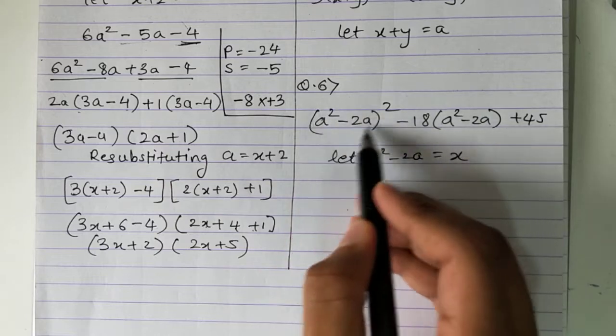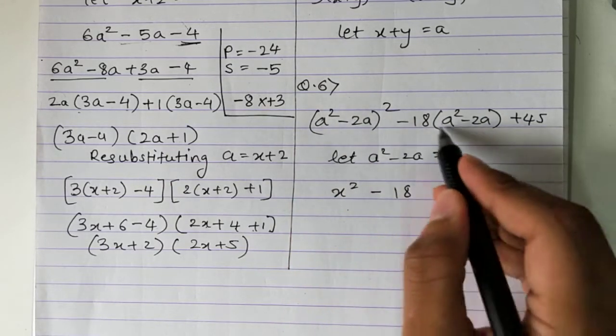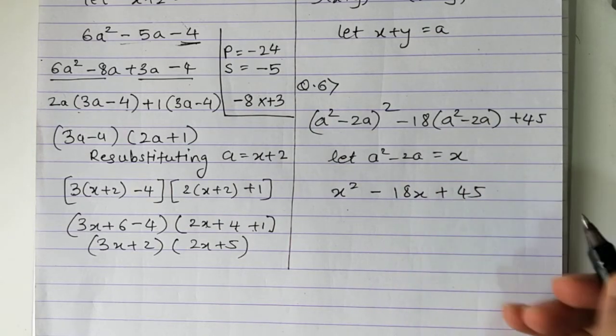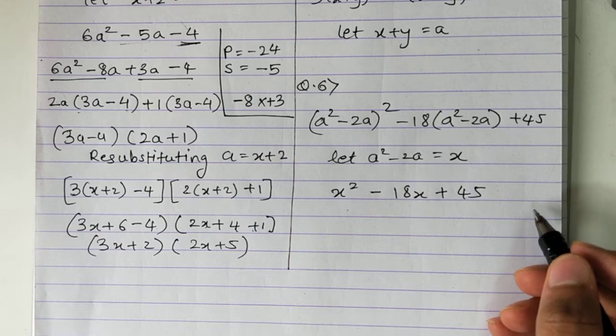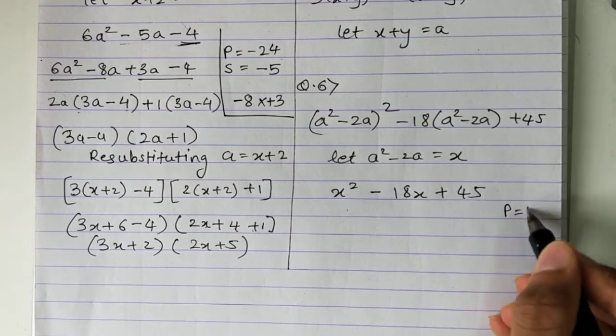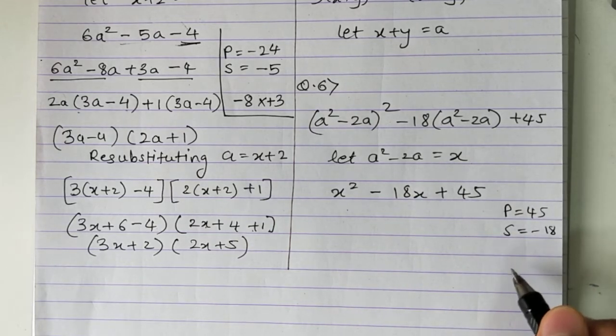Then I'll substitute here. So this will become x square minus 18x plus 45. Now we have to split the middle term.